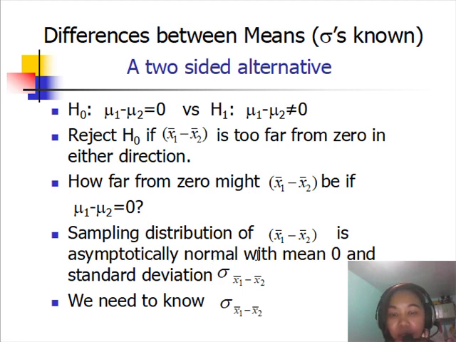The sampling distribution of the difference between the two sample means is asymptotically normal with mean 0 and standard deviation sigma sub x bar sub 1 minus x bar sub 2. So we have to determine the value of sigma sub x bar sub 1 minus x bar sub 2.